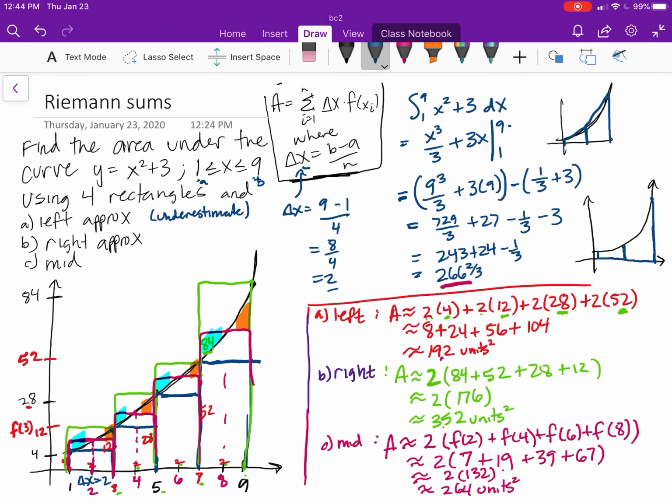The idea is that we're going to make infinitely many rectangles within the bounds a and b here, infinitely many rectangles which are infinitely small in width. So what do I mean by that? Well, say I did right rectangles. If I wanted to draw 100 in here, obviously I can't, but the more rectangles I have and the smaller the width, the better the approximation is going to be.